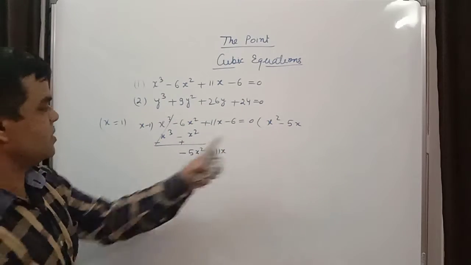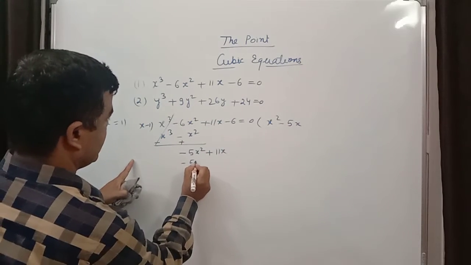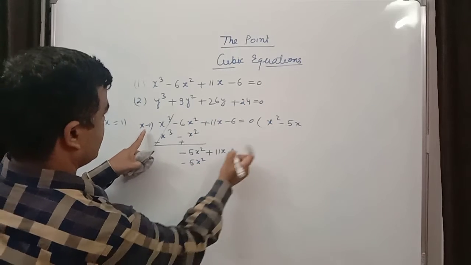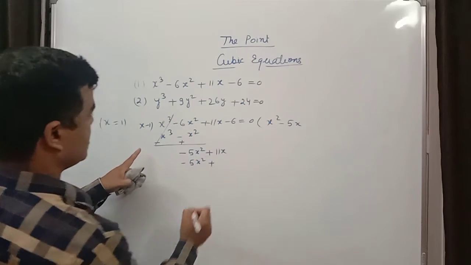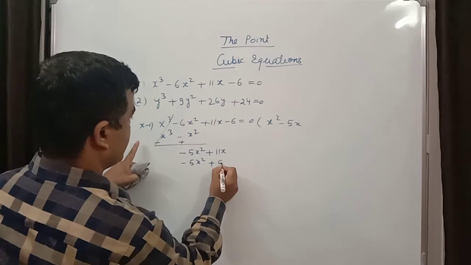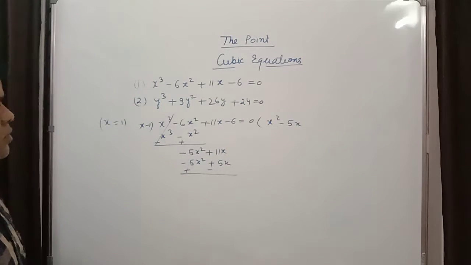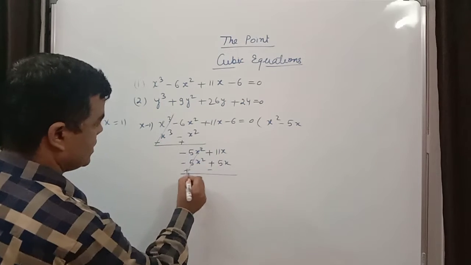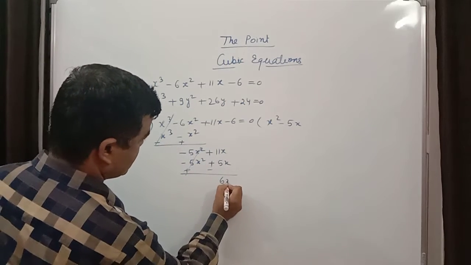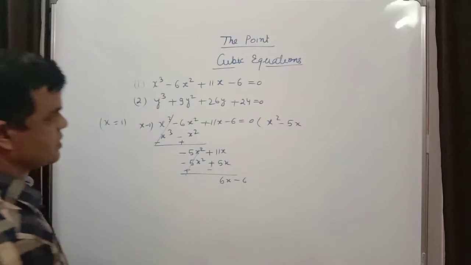Do the multiplication. Minus 5x square and minus minus plus 5x plus minus. Okay. So here plus 6 square, x remaining and minus 6.